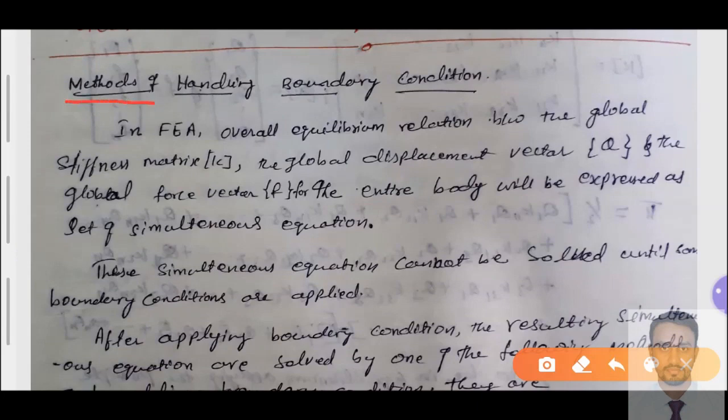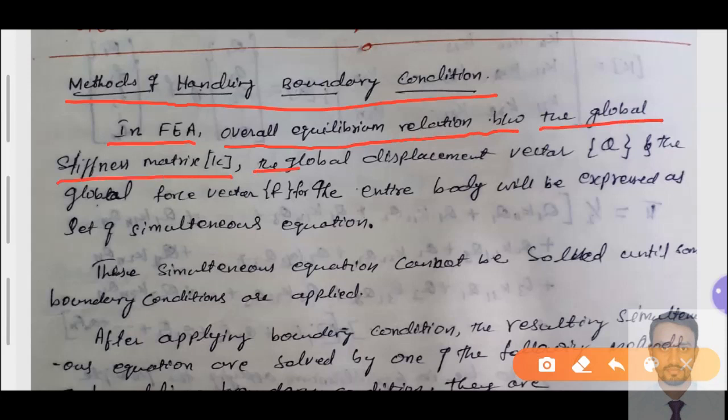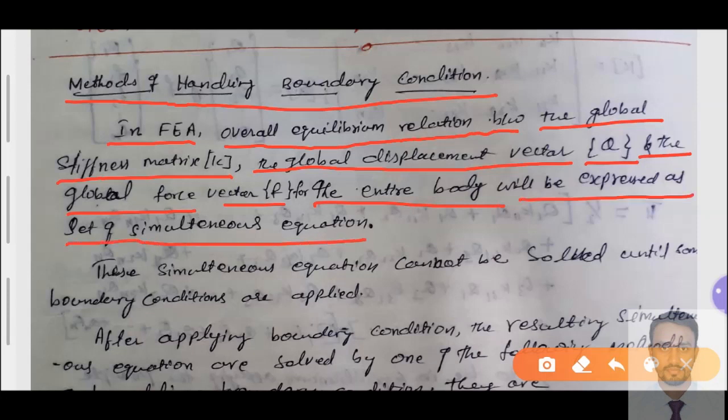Methods of handling the boundary condition for a bar element in a finite element analysis. In a finite element analysis, the overall equilibrium relation between the global stiffness matrix K, the global displacement vector Q and the global force vector F for the entire body will be expressed as a set of simultaneous equations.